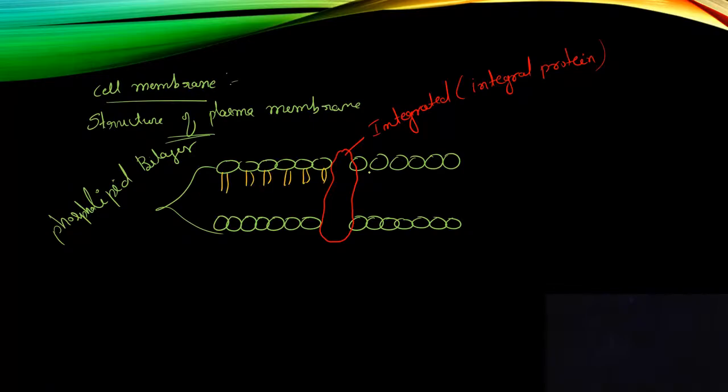In the lipid bilayer, each layer consists of lipid molecules, and a lipid molecule consists of what? Two parts. One is a head part, another one is a tail part. This is what we call the head, and this is the tail.